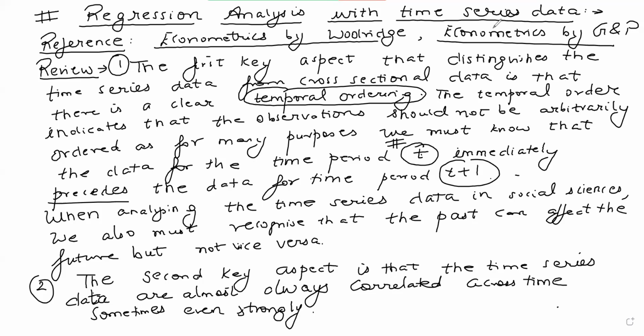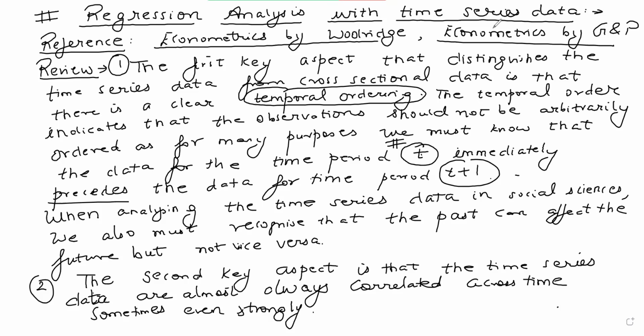In our lectures on the simple linear regression model, one of the assumptions was that there is no autocorrelation. But in time series data, students will see that observations tend to be autocorrelated. Autocorrelation is pretty much normal in time series data as compared to cross-sectional data.